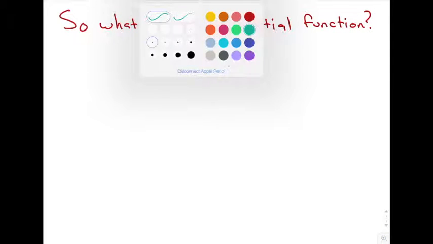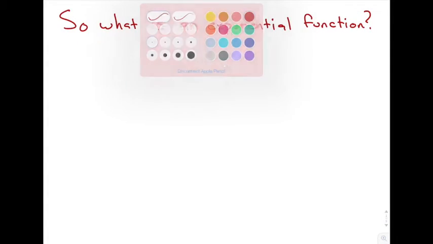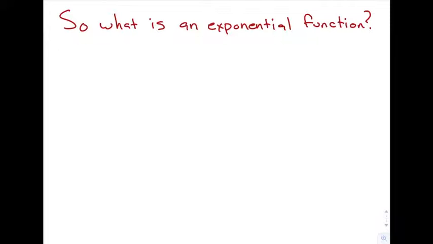So the pattern that we're looking at here follows, maybe we start with 2 to the 0, 2 to the 1, 2 to the 2, 2 to the third, 2 to the fourth, 2 to the fifth, etc. So if we're thinking about a function, we're talking about one variable changing, the independent variable, and then the dependent variable is the output.